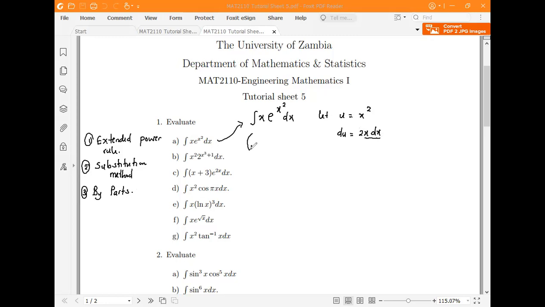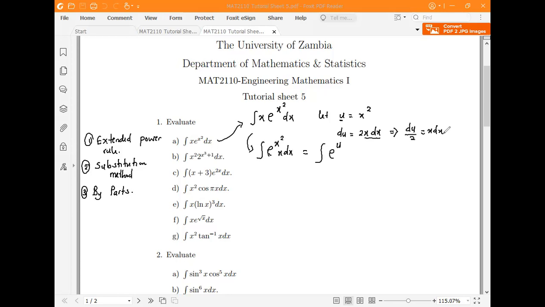We write this as e to the x squared multiplied by x dx, so when we bring in the substitution, it will be the integral of e to the u, and for x dx, if you divide by 2, you have du over 2 being equal to x dx.